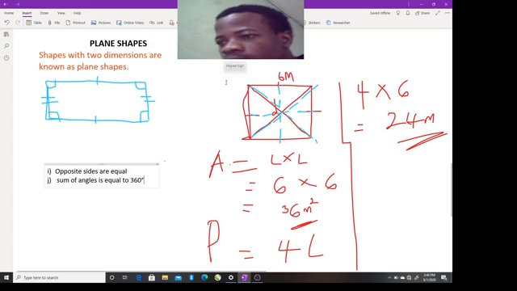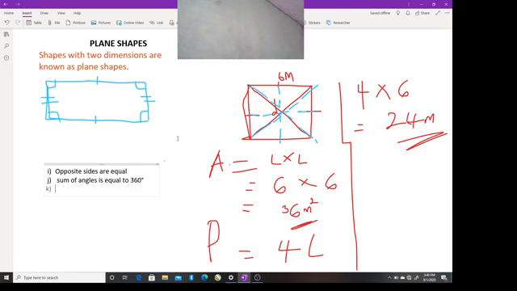Then you have it there at 360 degrees. What other one can we talk about? It has 2 lines of symmetry. It has just two lines of symmetry.